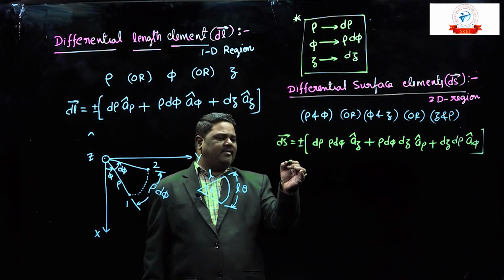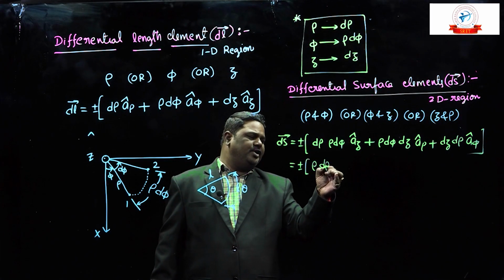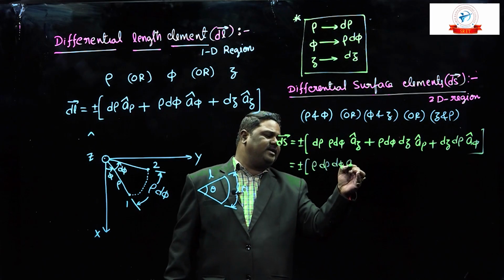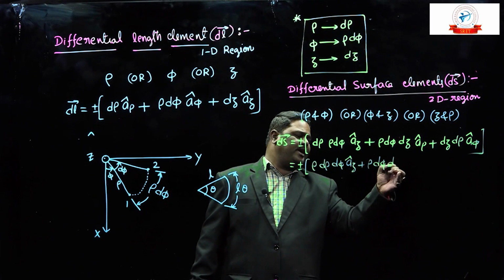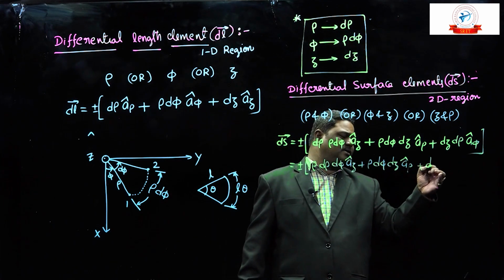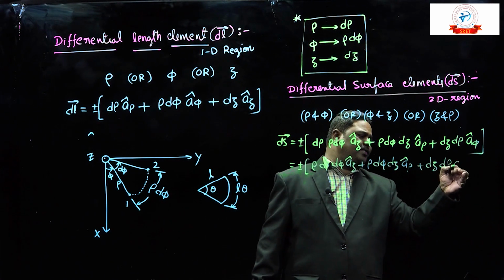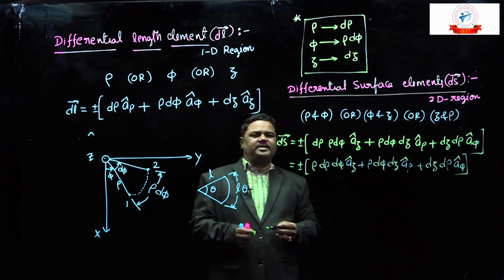So finally, I will rewrite this: ds bar is plus or minus rho d rho d phi az cap plus rho d phi dz a rho cap plus dz d rho a phi cap, the differential surface element.